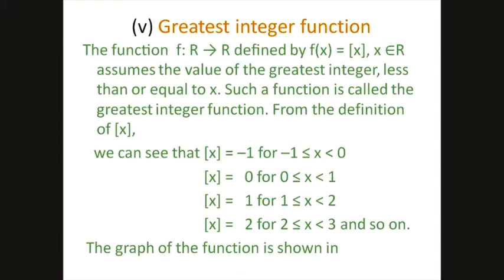Here one thing which is very important is that the interval contains -1, so that's why the result is -1. Similarly, in between 0 to 1 it gives 0, 1 to 2 it gives 1, and 2 to 3 it gives 2, provided 2 is inclusive and 3 is exclusive. For example, if we put x = 1.5, the result will be 1. So the greatest integer function means we write the greatest integral value which it contains.